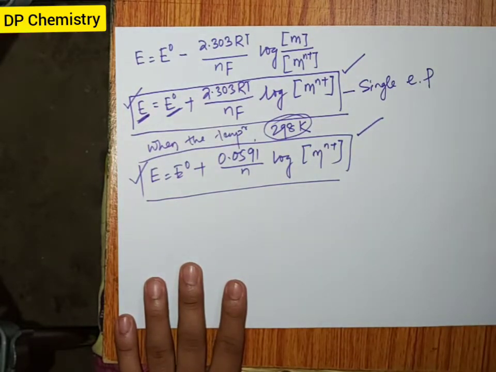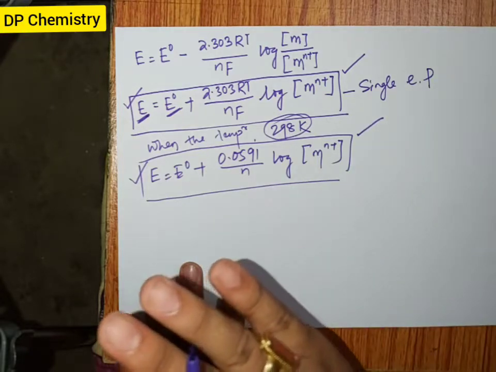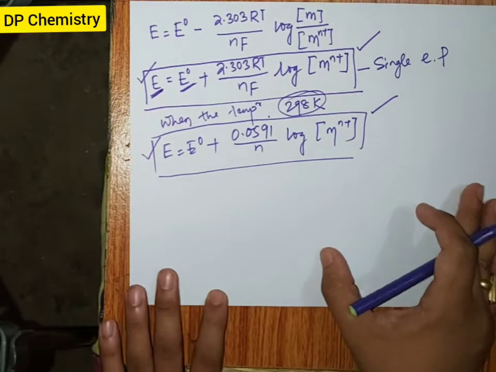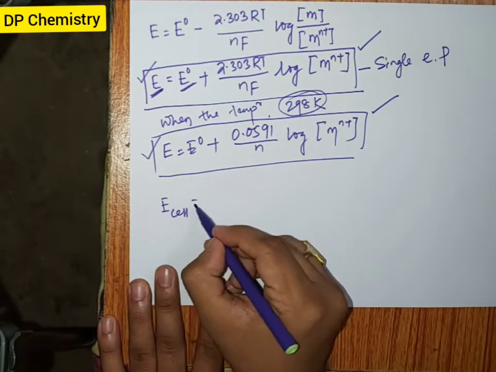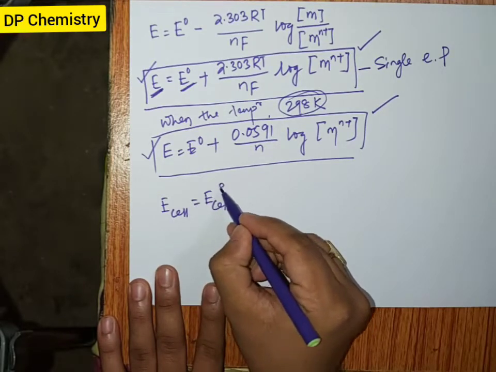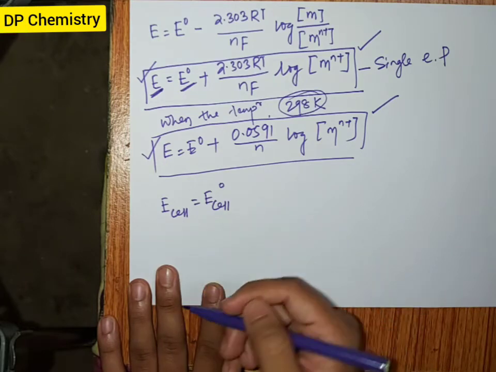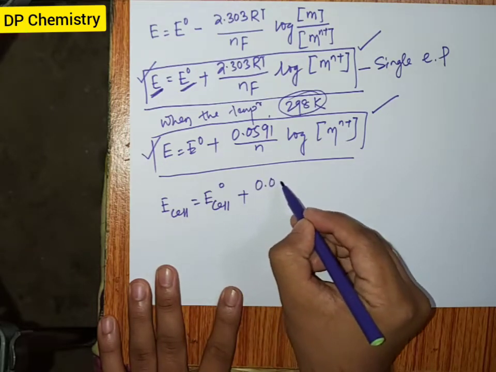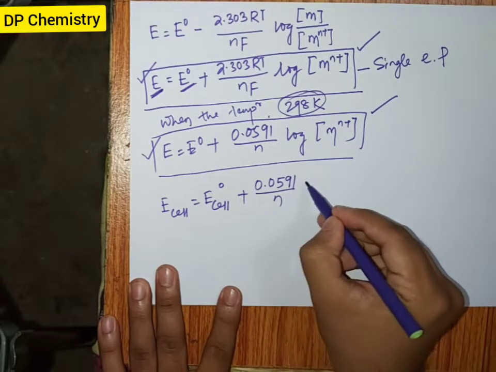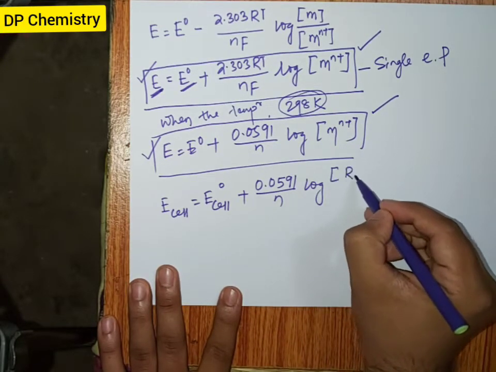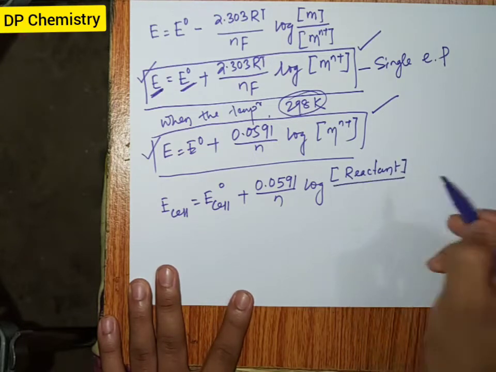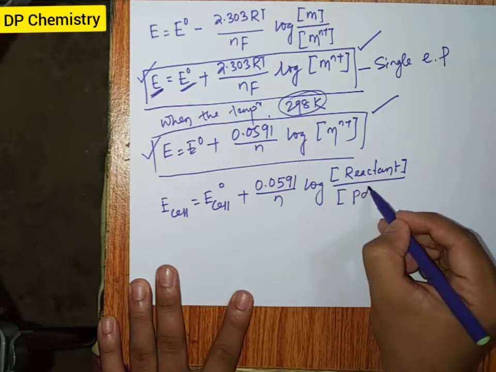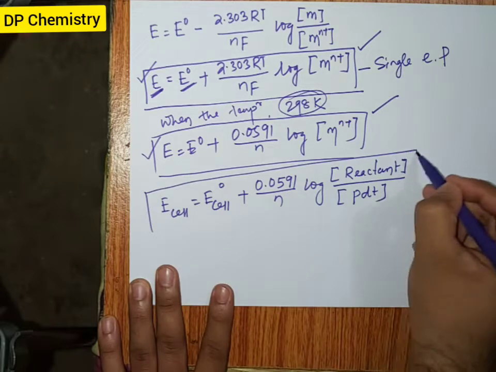If you are given the EMF of the cell, or the potential difference of the cell, then the Nernst equation will be E cell, that is the EMF of the cell, is equal to E cell naught, the standard EMF of the cell, plus 0.0591 by n log concentration of reactant divided by concentration of product.